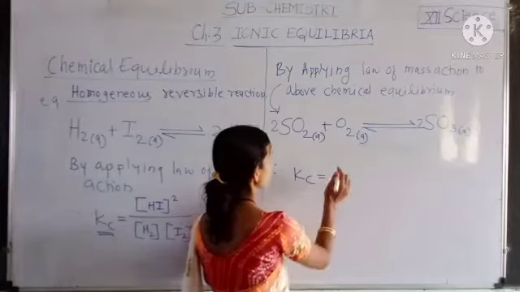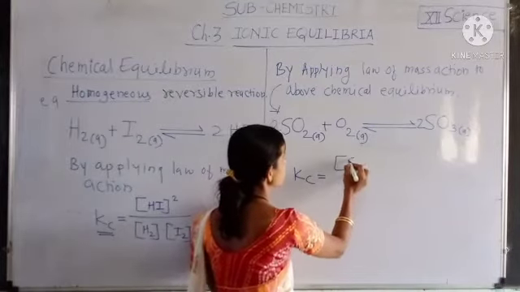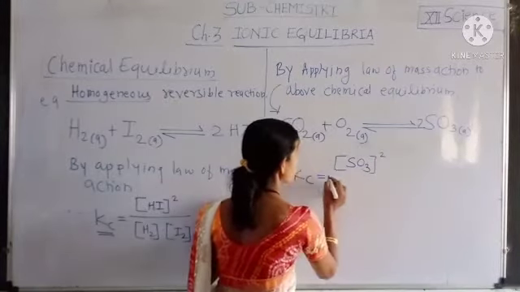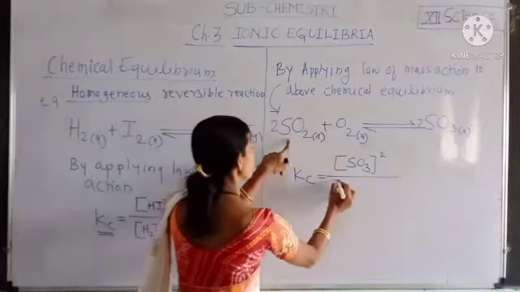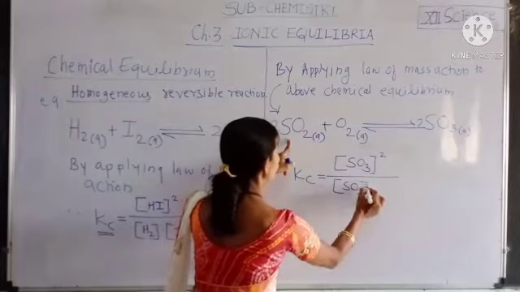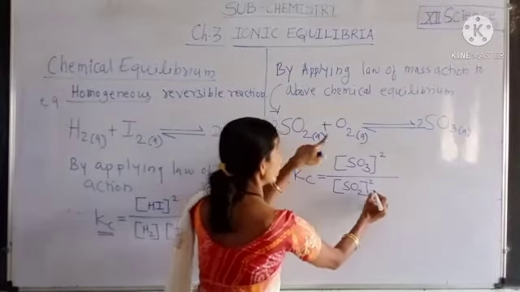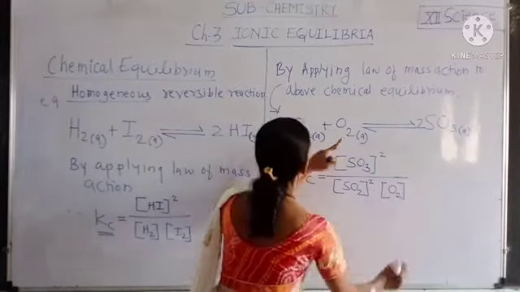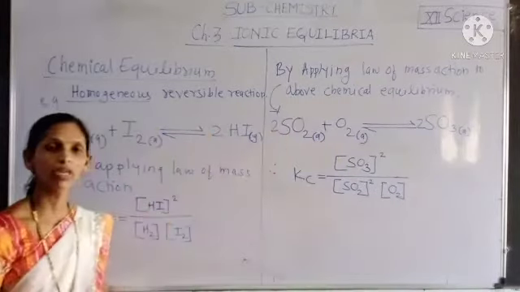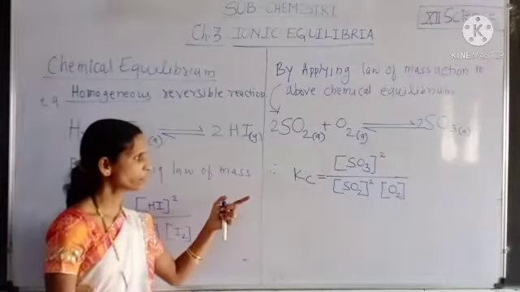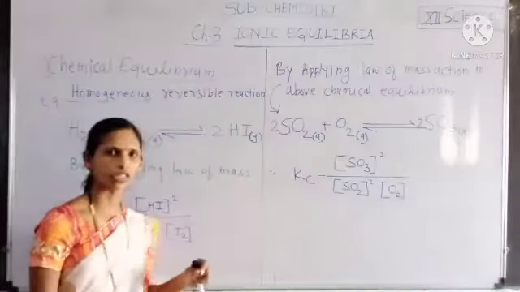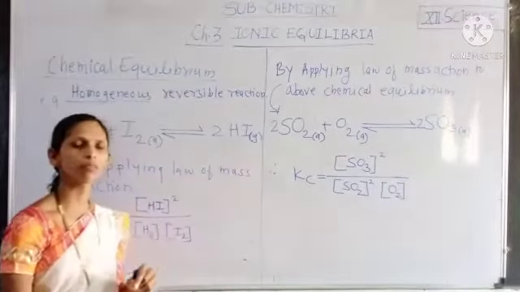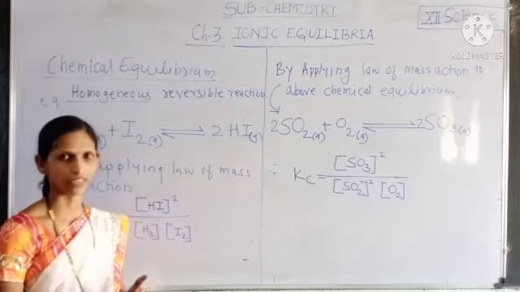Kc is equal to the concentration of SO3 raised to 2, upon the concentration of SO2 raised to 2 into the concentration of O2. That is the equilibrium constant equation obtained by applying the law of mass action to any homogeneous reversible reaction.